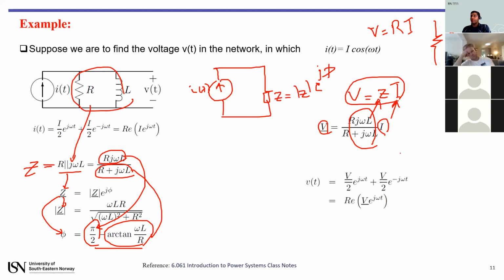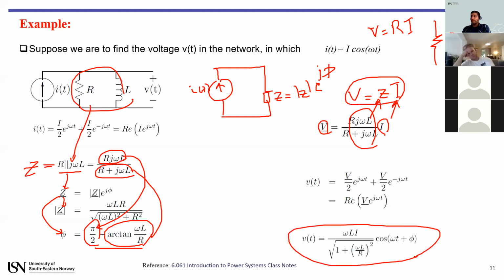When you calculate the voltage, you can write it as a function of time. For example, it's the final answer. If you have this current source, the voltage calculated across the inductor as a function of time will be this value.